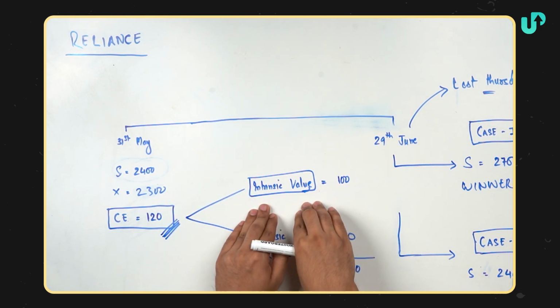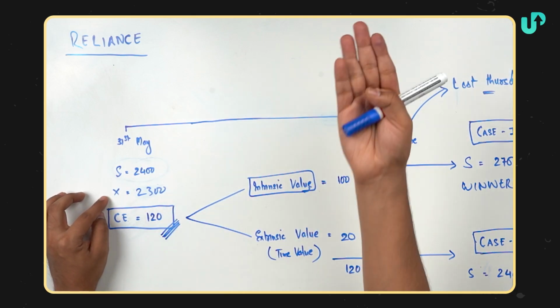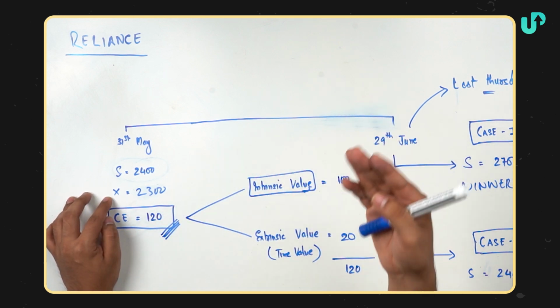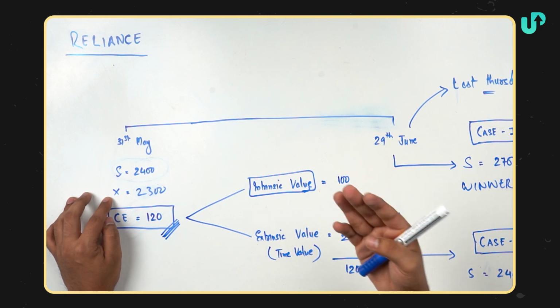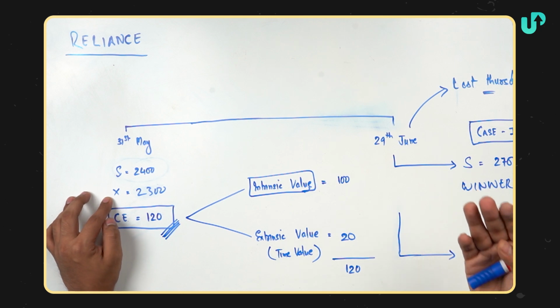The calculation of intrinsic value is pretty simple. The whole idea behind intrinsic value is: if you exercise the right to buy the stock of Reliance at 2300, how much money will you make? So you go in the market, or you basically ask your short call person, I want to buy the stock of Reliance at 2300, and you go and sell it in the market for 2400. Why are you able to sell it in the market for 2400?